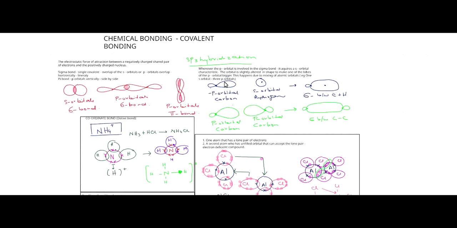Molecules are never in a two-dimensional arrangement. In IGCSE, we studied them as two-dimensional, but technically speaking, molecules are all three-dimensional. So in three dimensions, how do the electrons arrange themselves? That is different.